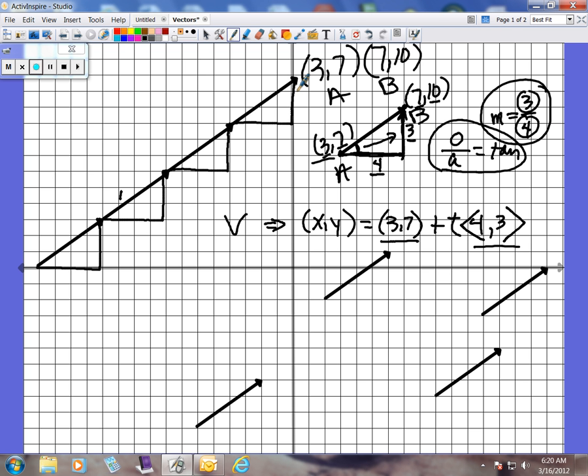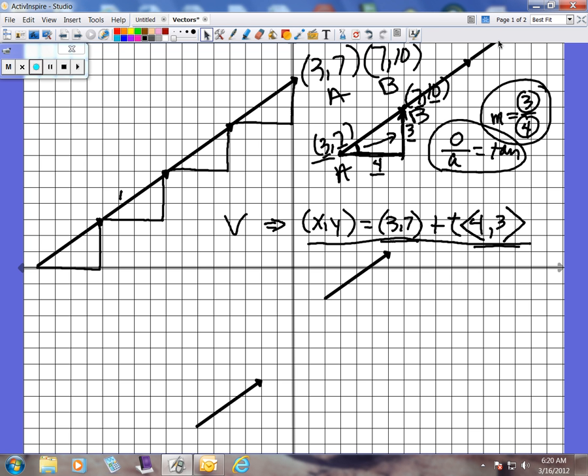Now, if I was doing it for this particular vector equation, we'd have to do it by putting our vectors, starting with the one we have up here in the triangle, this one right here, and then it would continue to do the same thing, right 4, up 3, and right 4, up 3.